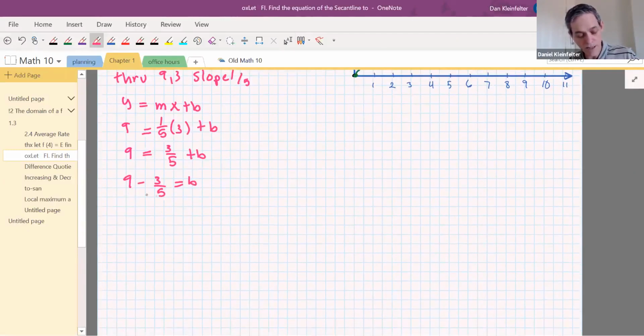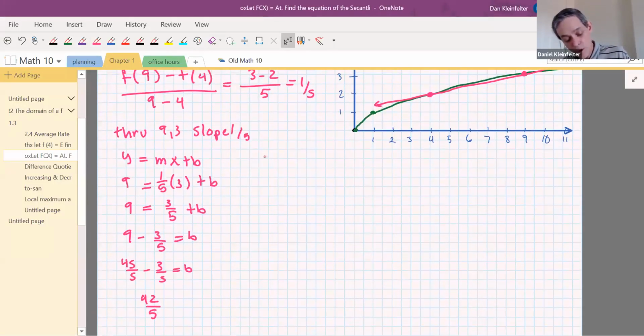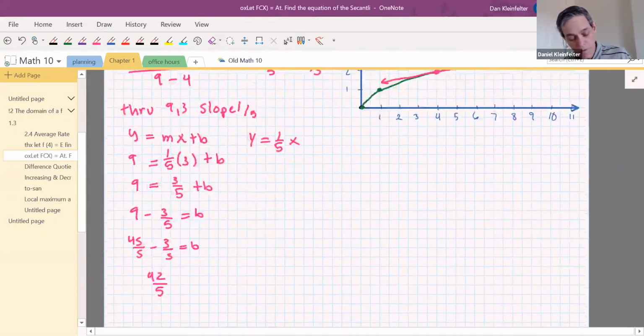So little fractions. Here we're going to have 15/5 minus 9/5. That's our b. 6/5 for our y-intercept. So then our line, y equals 1/5 x plus 6/5.